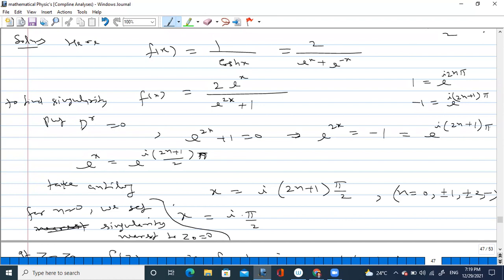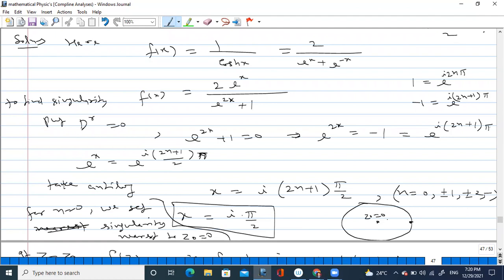Okay. So this is your singularity. So from here, x equal to pi by 2 means this is your point; z0 equal to 0. The first singularity is at this point.